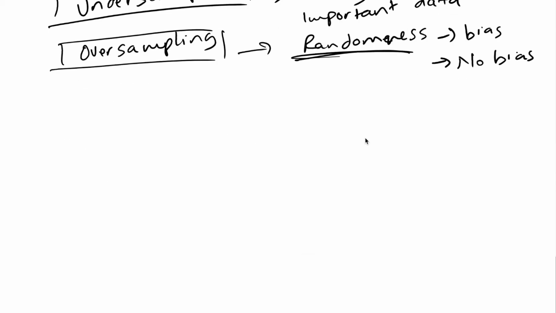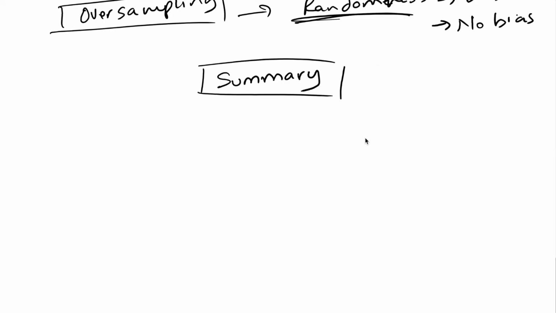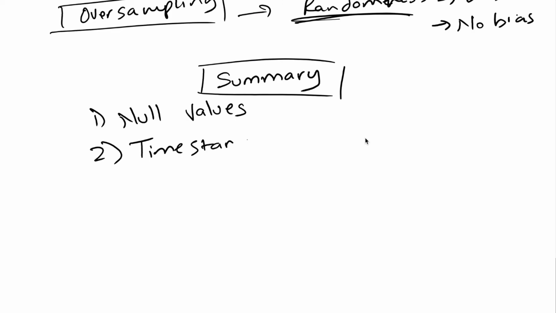So just to summarize, let's summarize the different types of data cleaning that we have learned today. The first one was null values. We remove any sort of null values in the data set. The other one was timestamps.